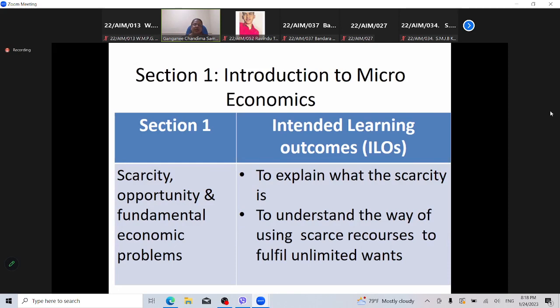After learning this section today, you will be able to explain what scarcity is and to understand the way of using scarce resources to fulfill unlimited wants. So we have scarce or limited resources to fulfill unlimited wants. Now we will see one by one.